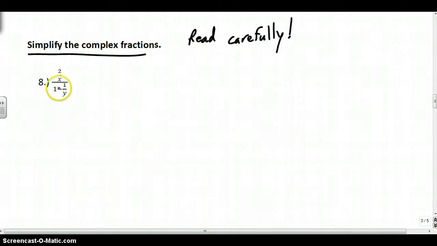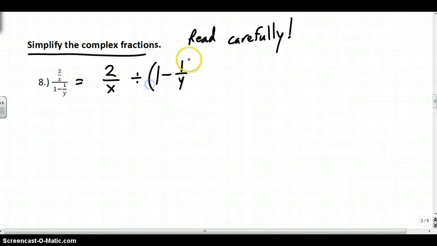Okay? You'll notice this is a fraction over a fraction. So this becomes 2 over x divided by 1 minus 1 over y. Now, the problem I said the other day was we want a single fraction divided by a single fraction. This is not a single fraction. So I need to do a separate problem off to the side where I do 1 minus 1 over y.